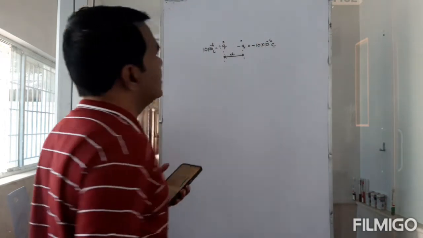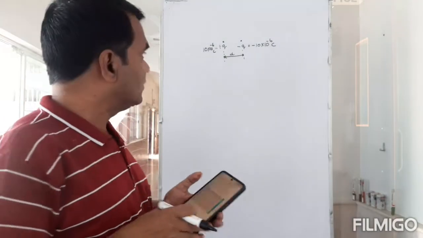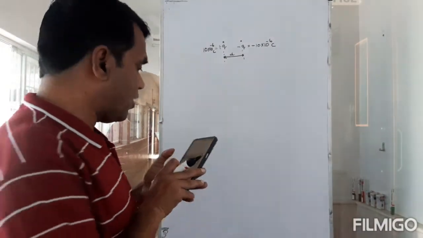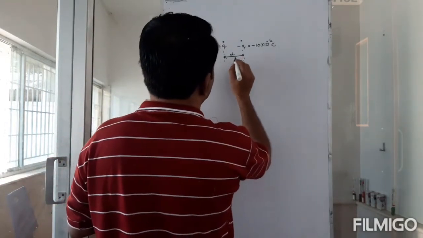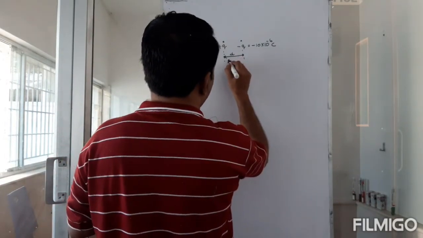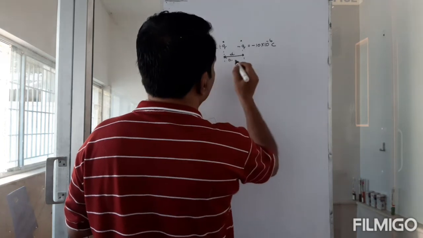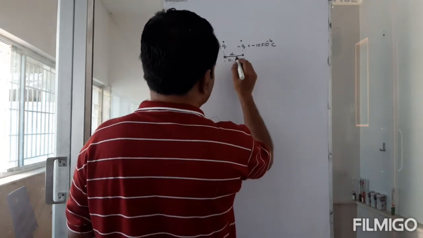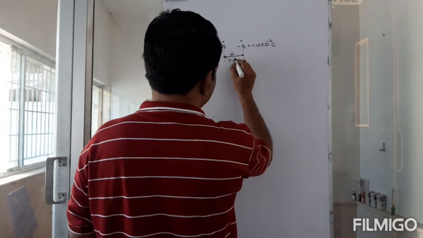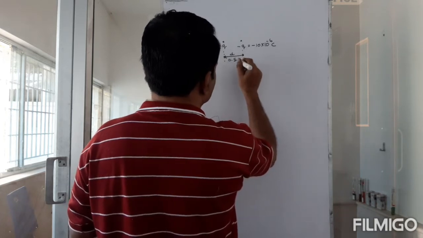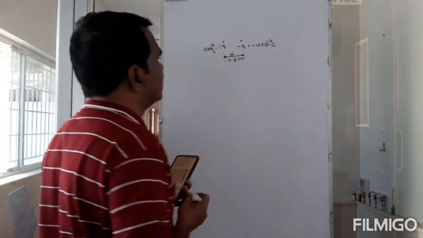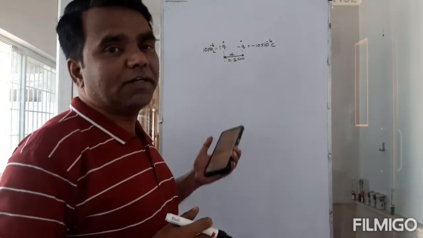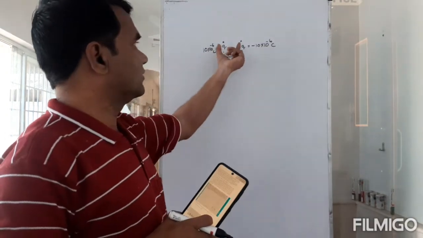And what's the value of D? It's 5 millimeter apart, which means it is actually half a centimeter, 0.5 centimeter. So that's the distance.